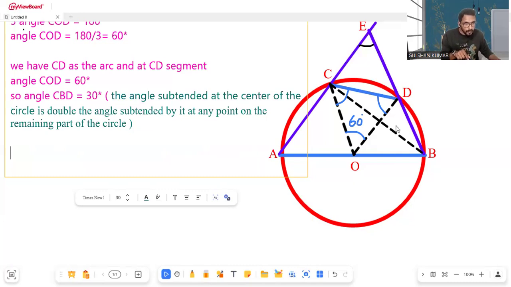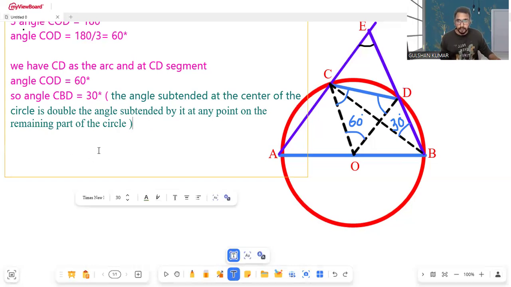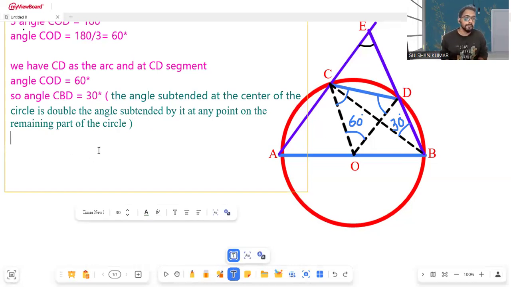Over there, we have another angle, CBD. This will be the 30-degree angle, half of the center angle. So we have CBD equals 30 degrees, and COD equals 60 degrees.